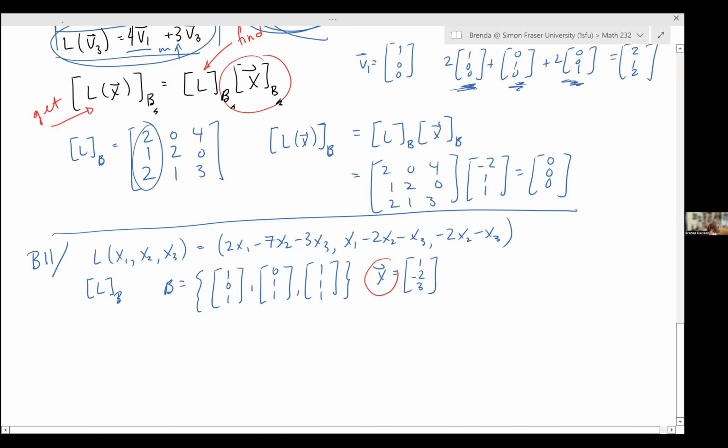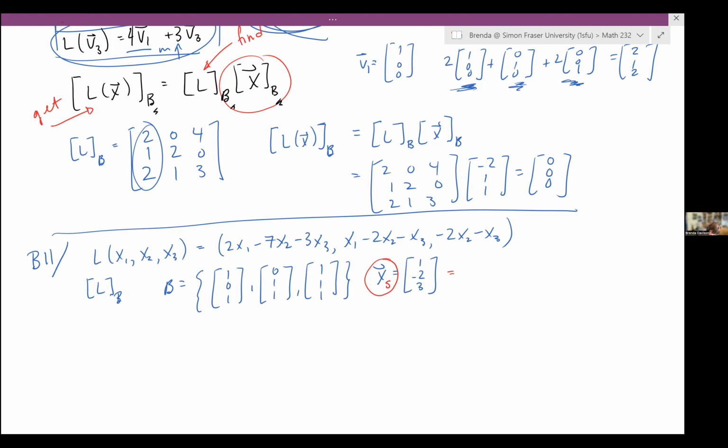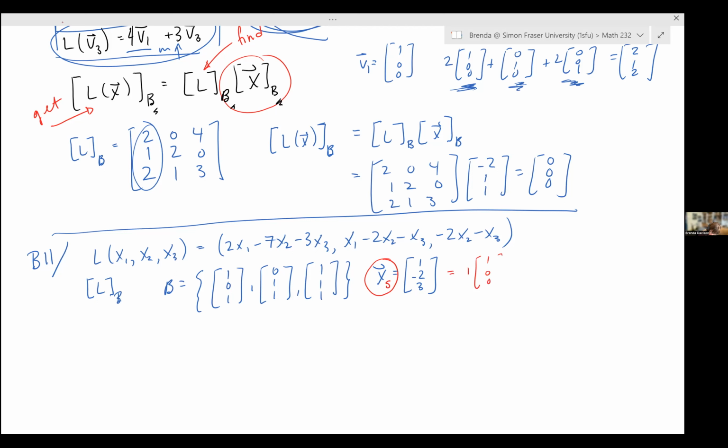We're seeing this with no subscript, so this is being given relative to S. That means what we're being told here is this is 1 of this minus 2 of that plus 3 of that. These coordinates are relative to the standard basis vectors.